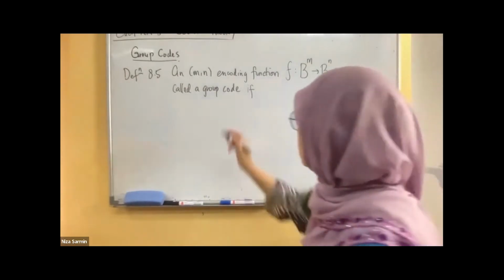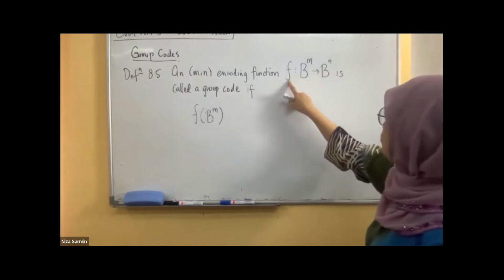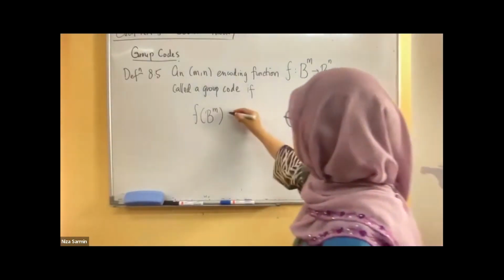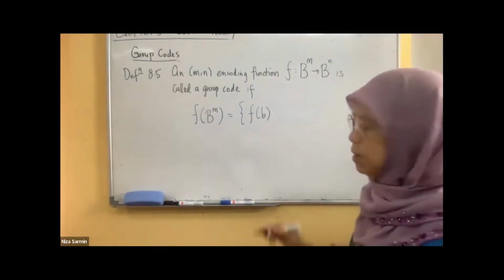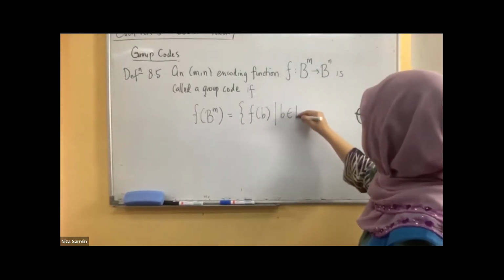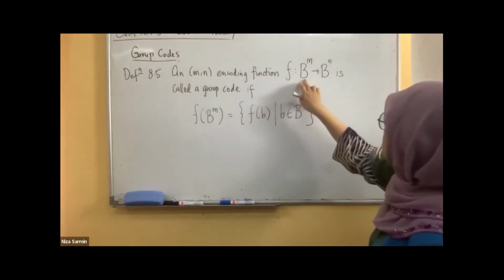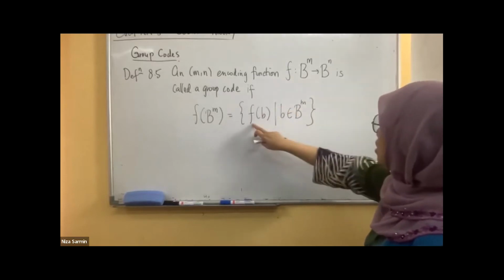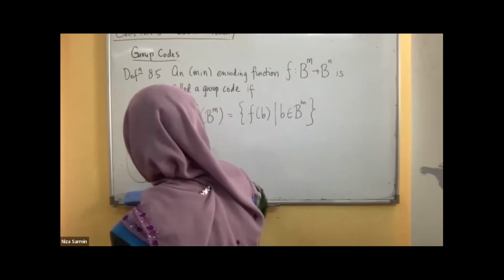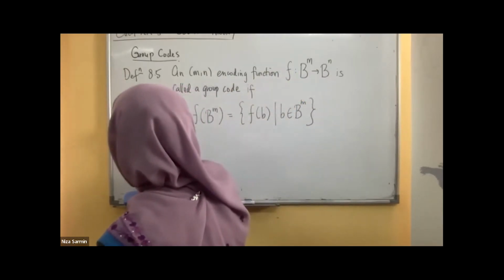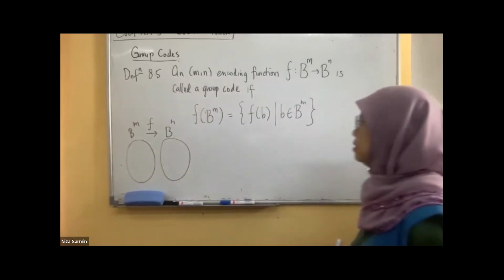f of Bm gives us all the images, right? f of Bm is f of B in which B is from Bm. So if you look at from Bm to Bn, and there is an f.